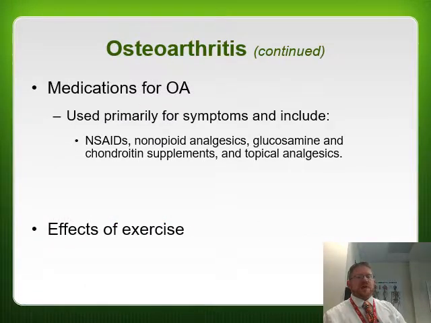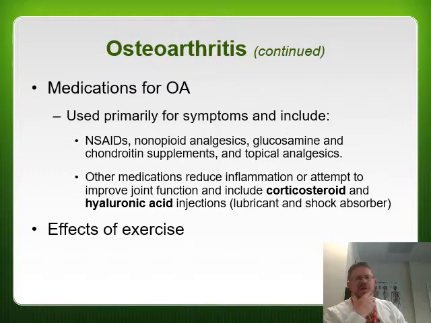Some quick stuff here on medications used primarily to treat the symptoms, which are usually pain. So NSAIDs, other non-opioid analgesics, glucosamine, chondroitin supplements, topical analgesics, so things that actually numb the pain, dull it.